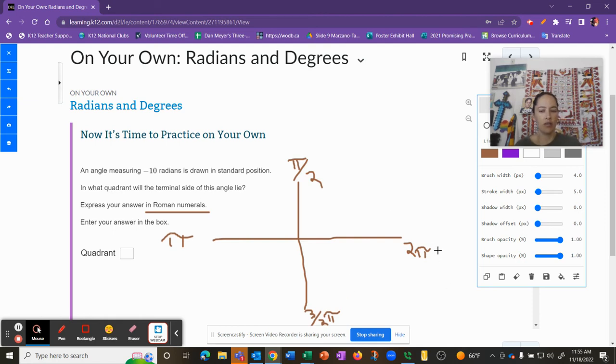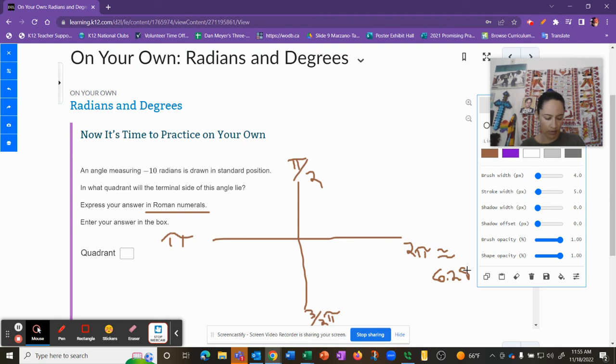Negative 10. So this is approximately 2 times pi, where's pi? There it is. If you have a calculator like mine, you have to hit the second button and above that caret key. This is approximately 6.28.